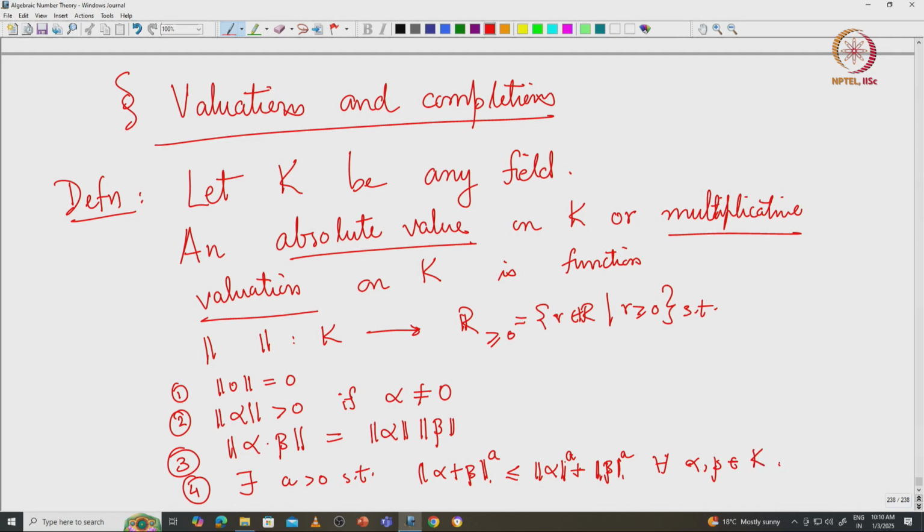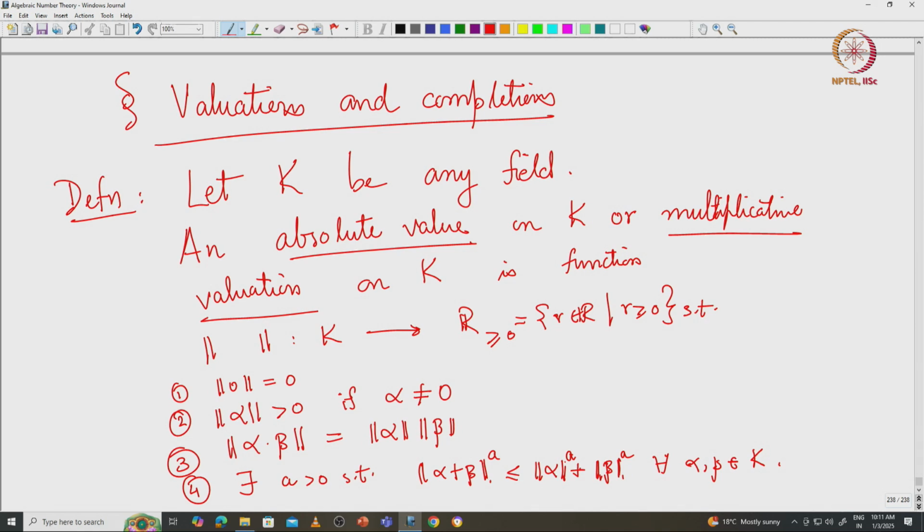Okay. So, this is what the valuation means. All right. So, this A is independent of alpha and beta, that is why I wrote at the end that it holds for all alpha and beta in K. Okay. So, often you would see a definition where A is always taken to be 1, but we are not going to do this.